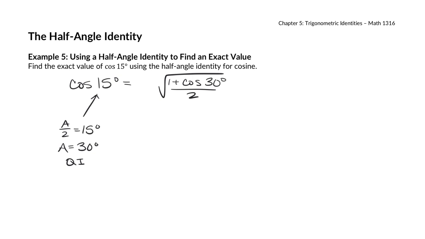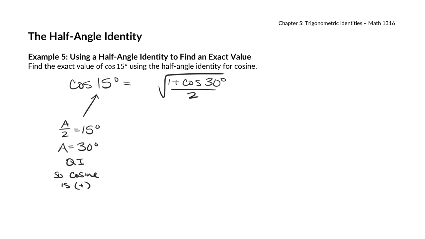Okay, cool. So we've made a couple choices here at the beginning. We know that the angle A we're using is 30, since half of it would be 15, and that we're using the positive square root because that's quadrant 1. Let's go ahead and start doing what we know.